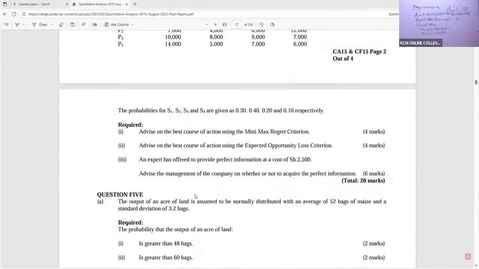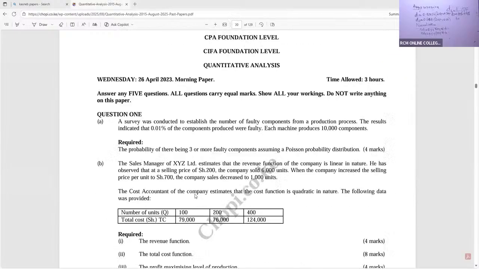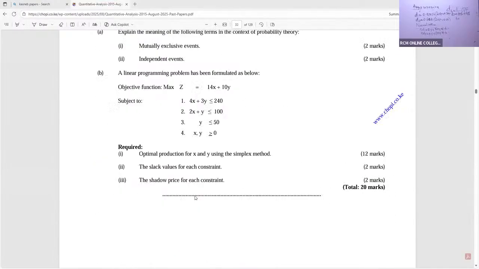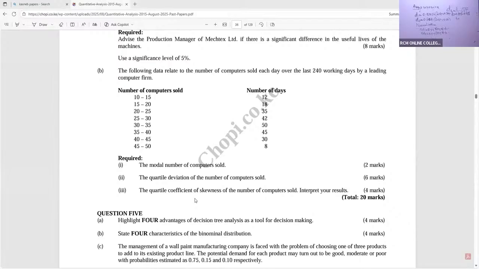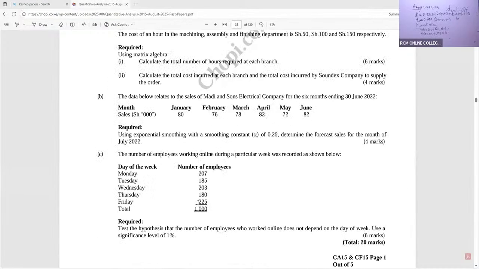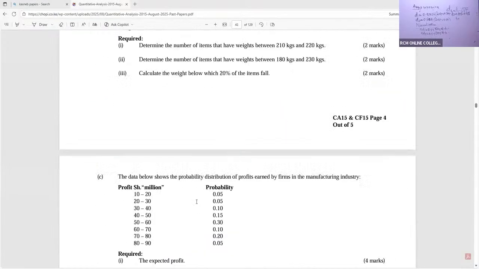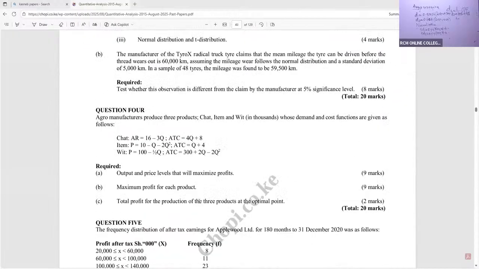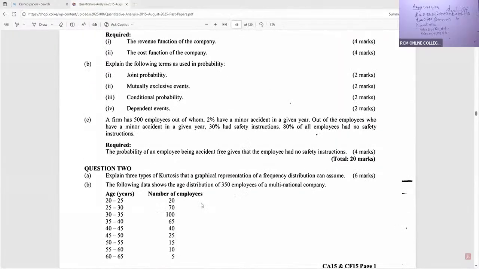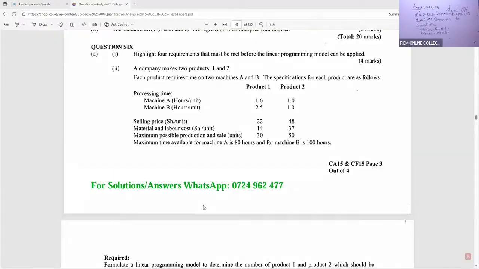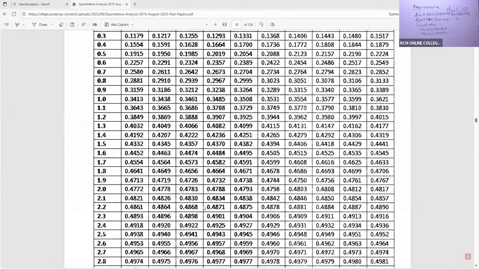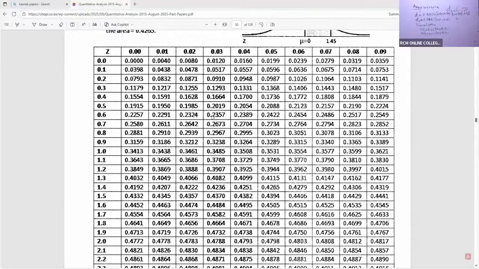Get used to it. If you have a calculator and you know how to use it, that is the very best. But that means buying some other type of calculator, which will currently cost you about 3,000 shillings.